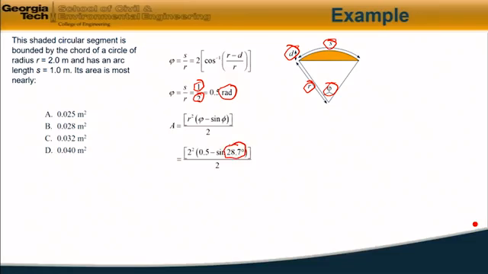You don't need to, you can leave it in radians, all divided by 2. So calculating out, we get 0.0396 square meters, so the closest answer is D. And this concludes our discussion of the mensuration of areas.